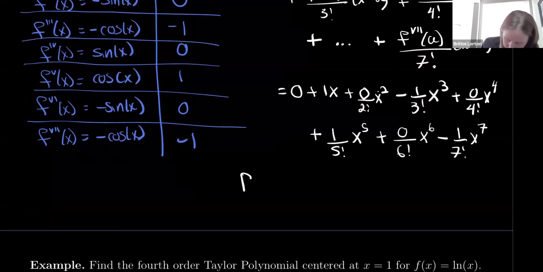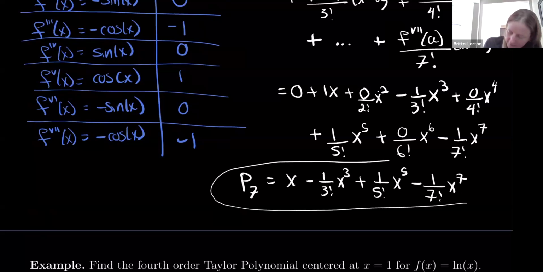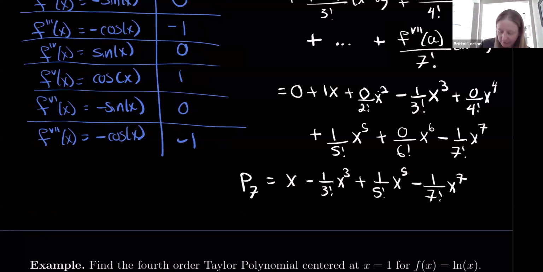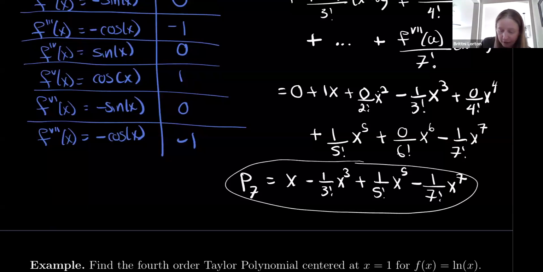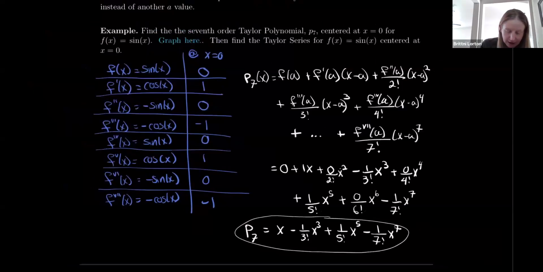Okay, let's rewrite that. So P sub 7 was x minus 1 over 3 factorial x cubed plus 1 over 5 factorial x to the 5 minus 1 over 7 factorial x to the 7th. Ta-da. So I found the 7th order Taylor polynomial for sine of x centered at 0.